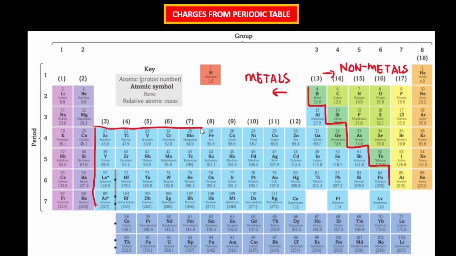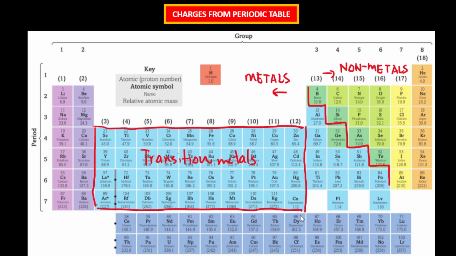All of this section here is called transition metals, which will have a slightly different naming system than your metals. Transition metals don't actually have a group name because their properties vary from element to element, so we're not going to talk about them for a moment.